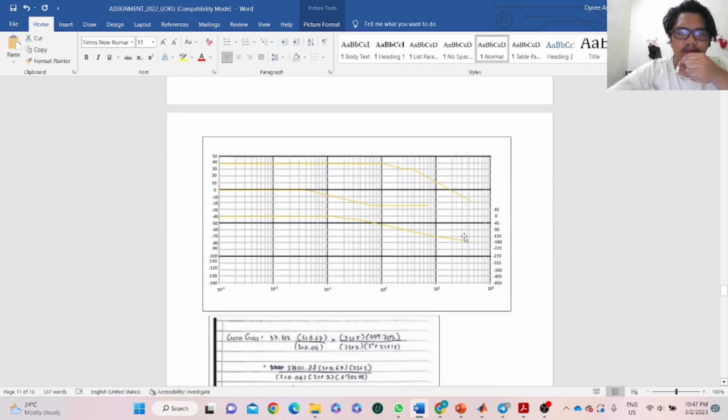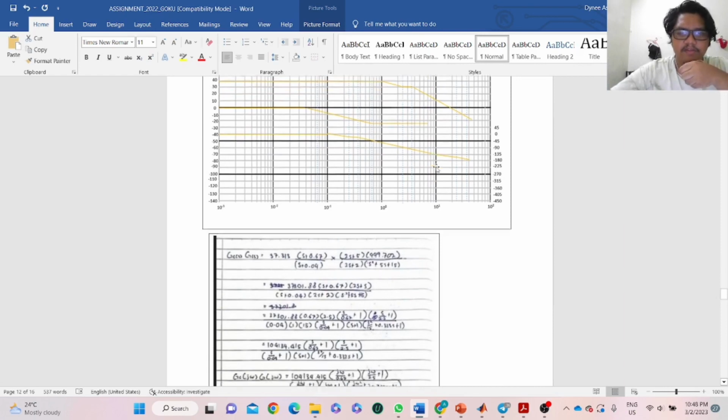Next, this is the Bode plot for the system. Above one is the uncompensated magnitude slope. The middle one is the lag compensator, and this one is the uncompensated phase slope.